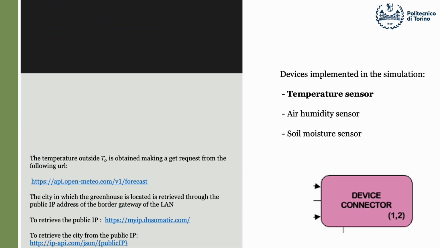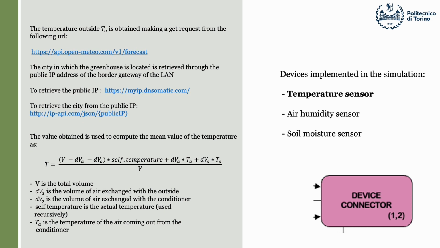In the notify function, the new temperature is computed with the following formula, where V is the total volume, dV sub A is the volume of air exchanged with the outside, dV sub O is the volume of air exchanged with the conditioner, T is the actual temperature, and T sub A is the temperature of air coming out from the conditioner.